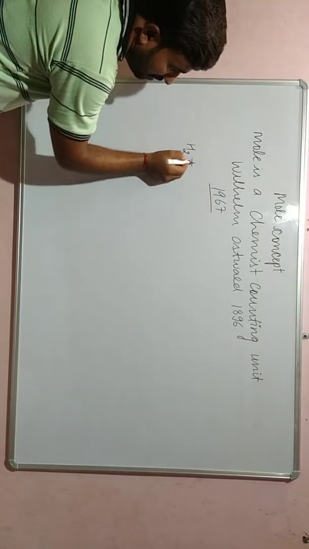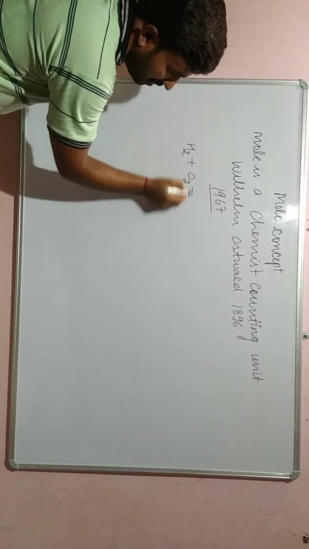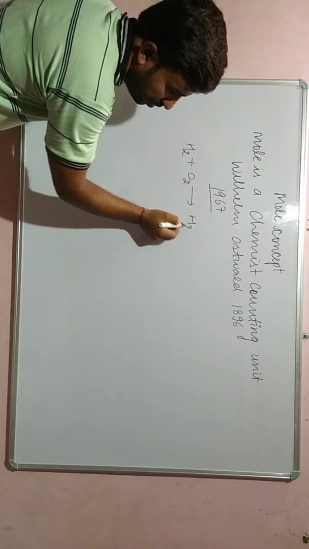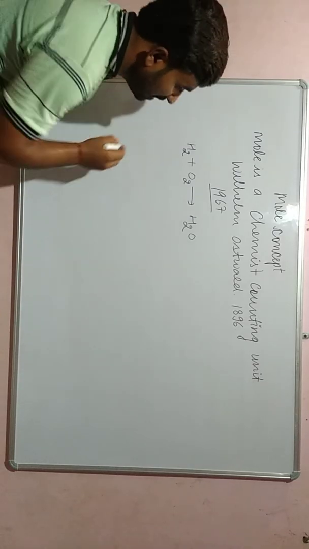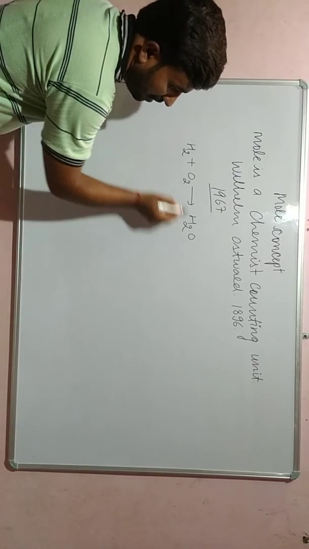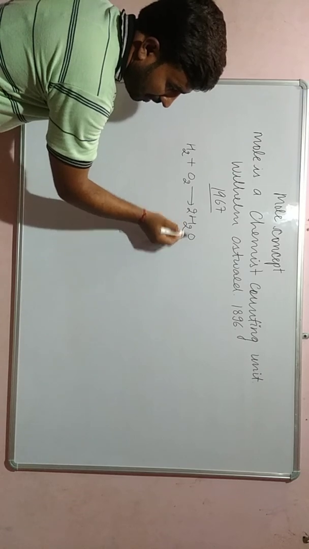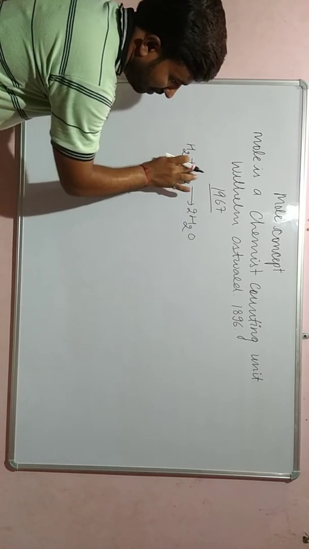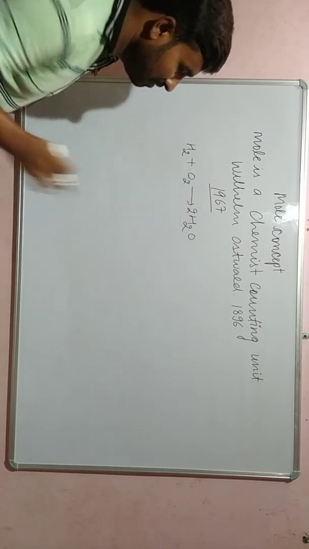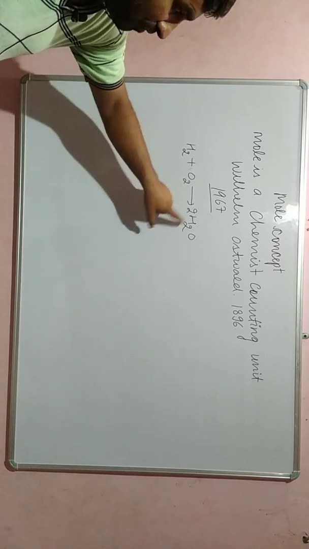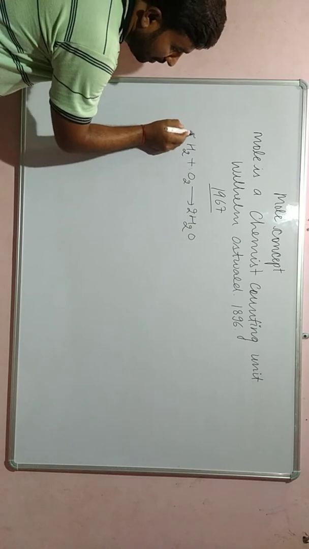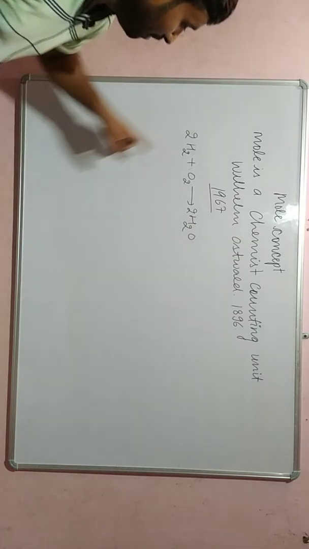Hydrogen is combined with oxygen and H2O is formed. This is water. Now balance the chemical equation. Here 2 oxygen and here 1 oxygen is there, that's why we multiply by 2, and here 2 oxygen are there and 2 2s are 4, hydrogens are 4, we just multiply this hydrogen by 2.